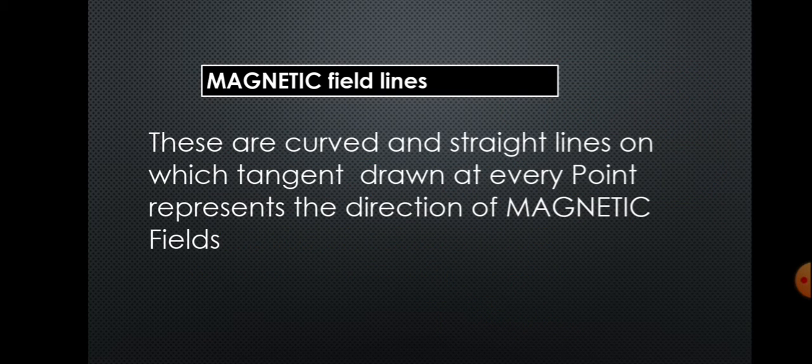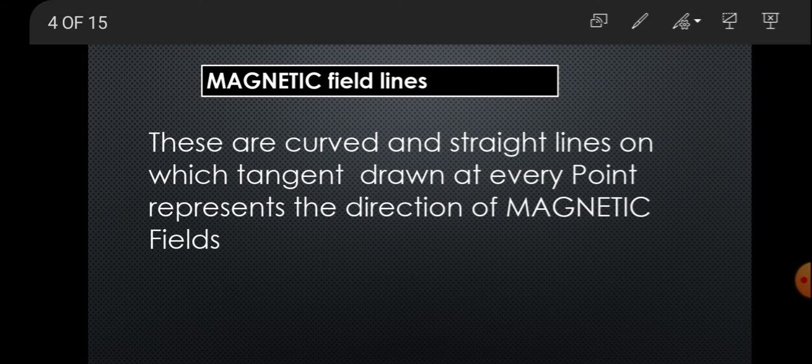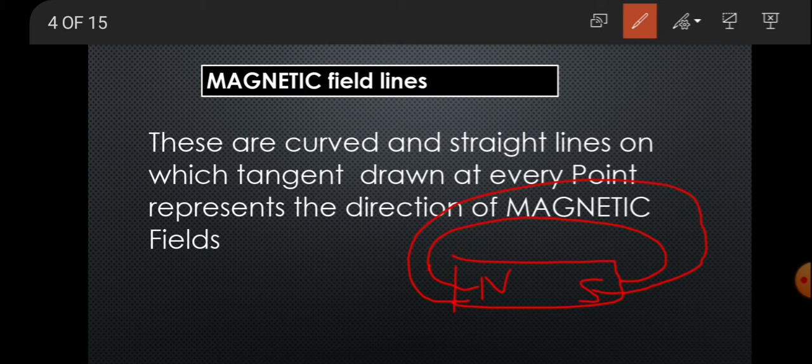Then what are magnetic field lines? Magnetic field lines are straight or curved lines that originate from the north pole and terminate at the south pole.